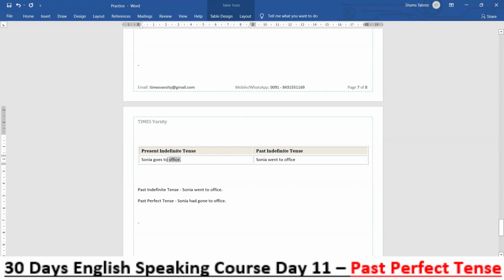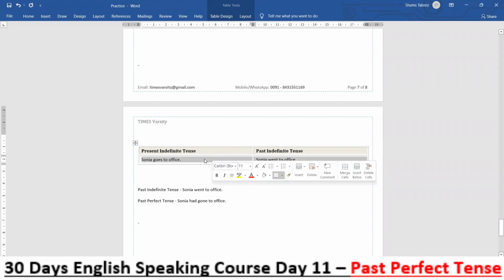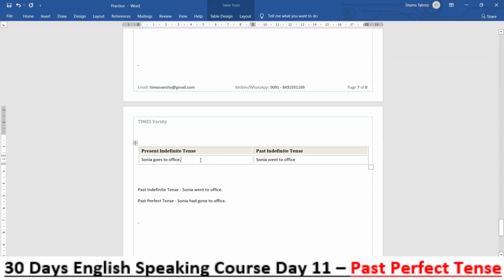Anyone would like to read out and translate in Hindi or Urdu? Yeah, this sentence. Sonia goes to office. Translate.